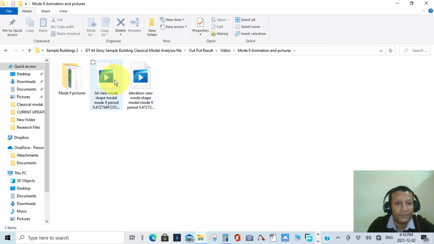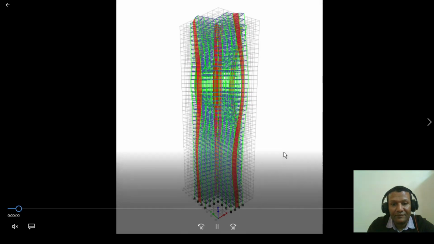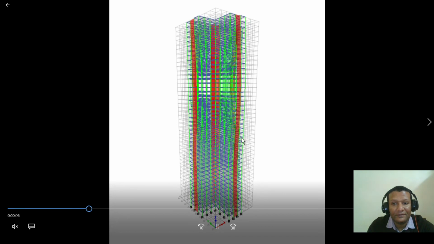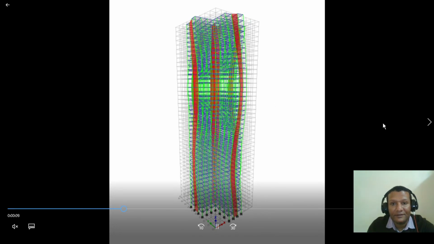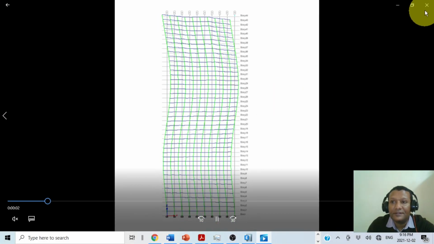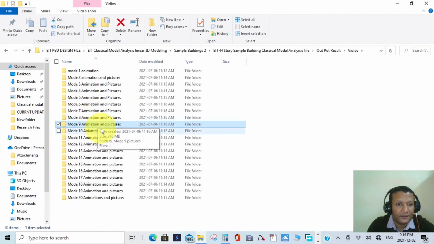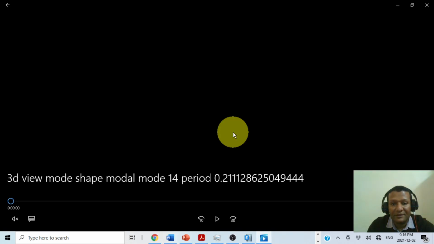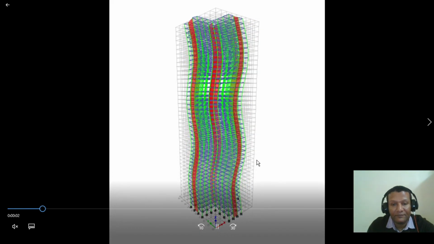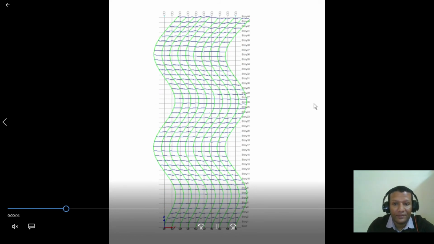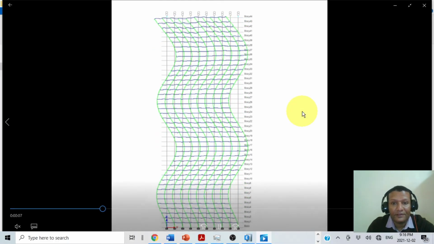Nine, this is torsion. Ten, it will continue like this. For example, 14. You see, in the higher modes the frequency is increasing.